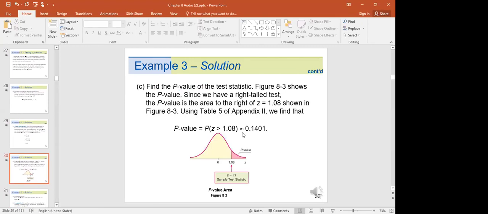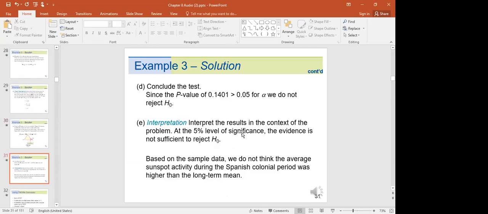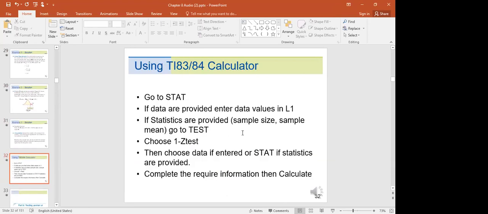The p-value is 0.14. The decision is to compare this p-value to alpha. If it is less than or equal to alpha, reject H0. Otherwise, do not reject H0. In this case, it is greater than alpha, so we do not reject H0, meaning there is not enough evidence to support the claim. So this slide gives us the steps in using the calculator.